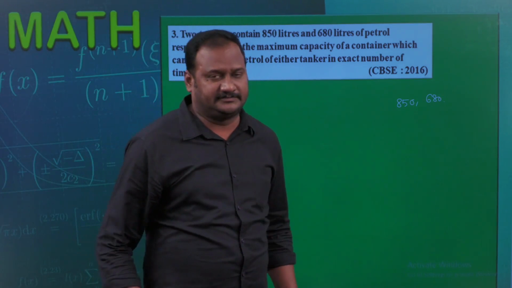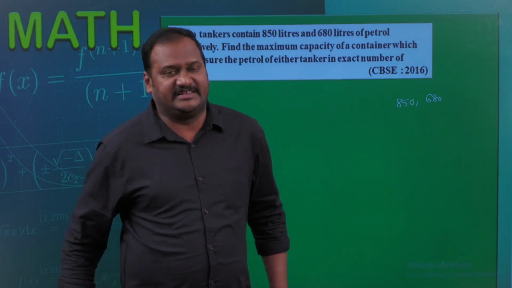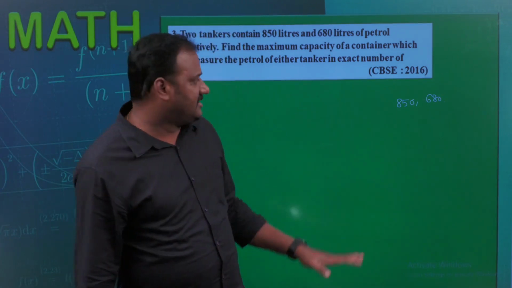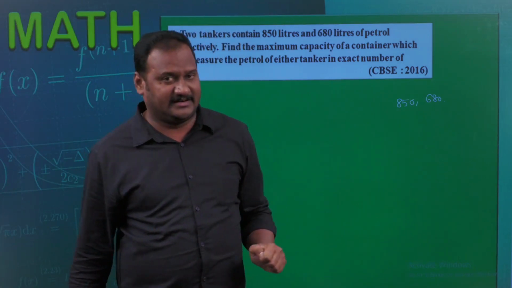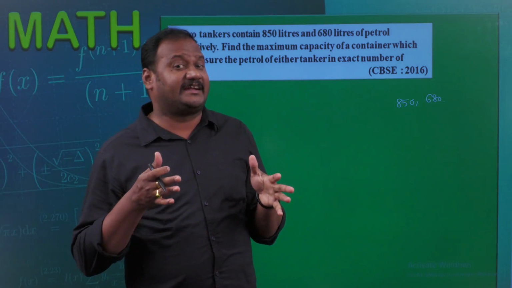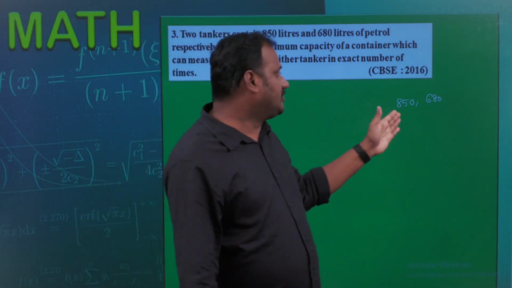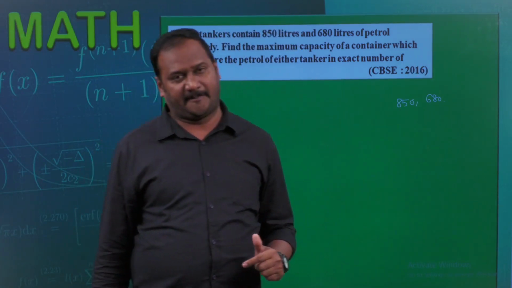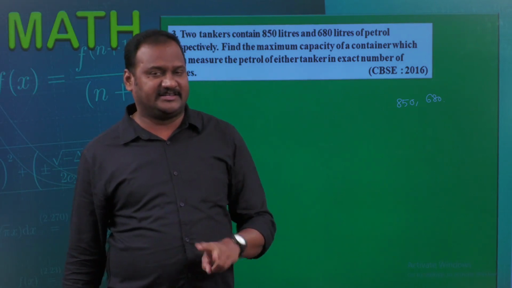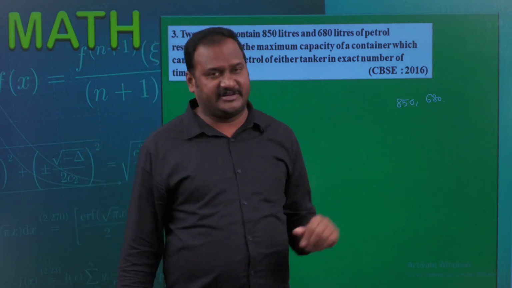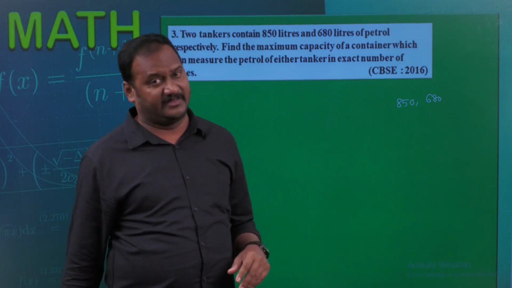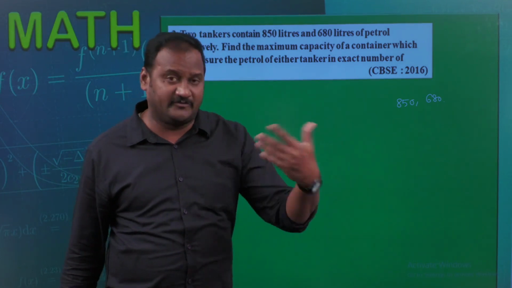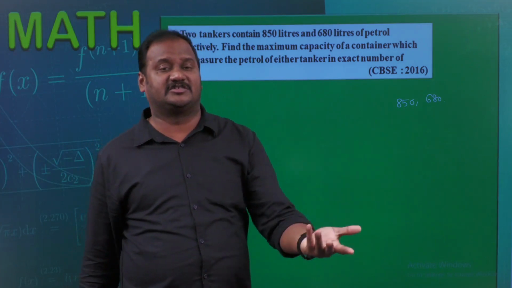According to this problem, I will tell you the easiest way to think about it. What is the number which exactly divides both 850 and 680? See, 2 is a number which divides both of them, but 2 is not the only number dividing both of them. Maybe 3 also, maybe 4 also, maybe 5 also, maybe 6 also.